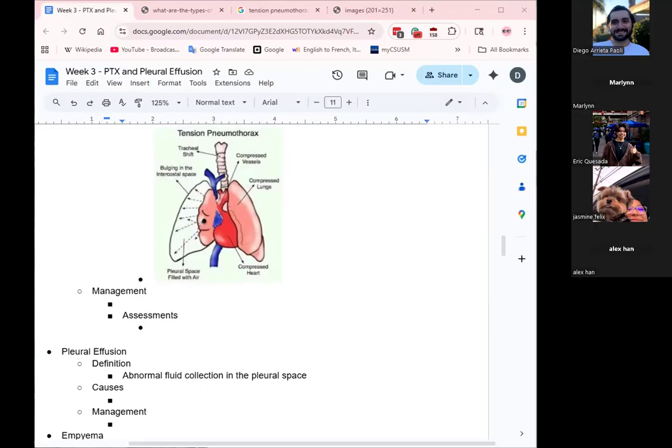Has anyone ever had a patient with a pneumothorax? No? Fair. I've only really seen them at UCI Lakewood because they keep messing everyone up.